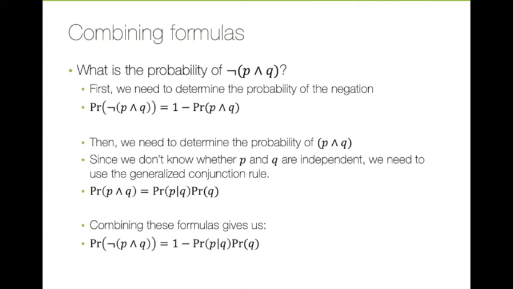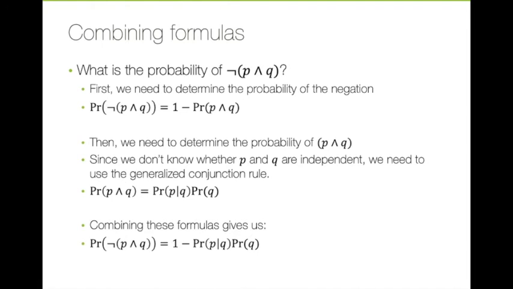So the probability of not (P and Q) equals 1 minus the probability of P and Q. But we're not done yet. We need to next determine the probability of P and Q. How do we calculate the probability of that complex sentence? Well, we're not told here whether P and Q are independent, so we need to use our general conjunction rule.